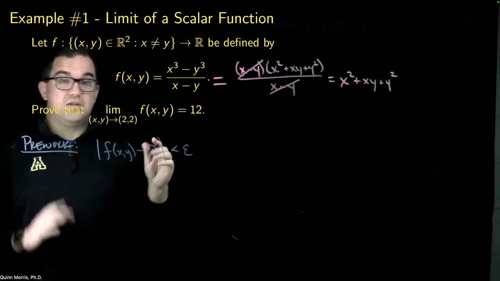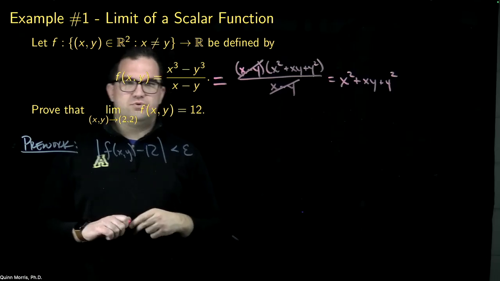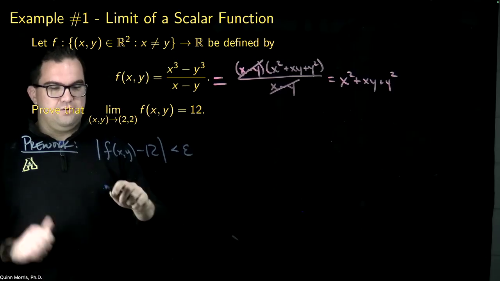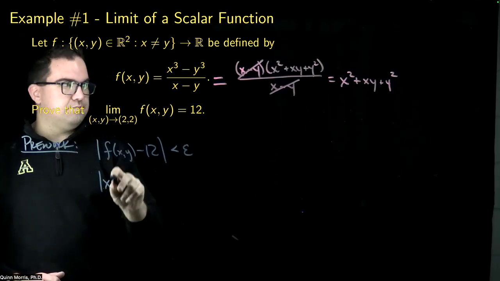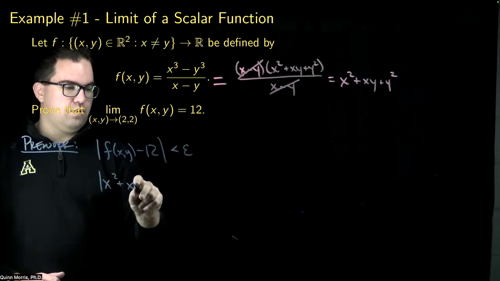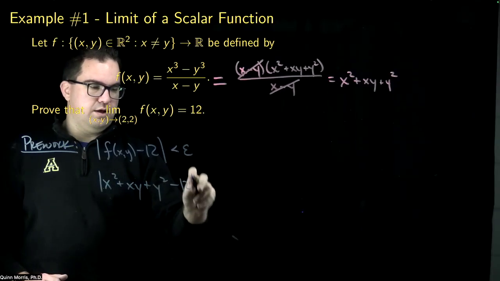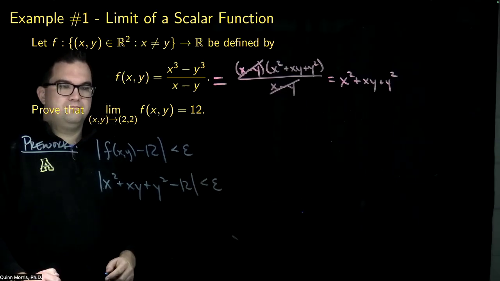So that's not a proof by any means, but it does make you feel like, okay, maybe I'm headed in the right direction. So in terms of expressing this here, when x and y are in the domain, this is simply x squared plus xy plus y squared, and then minus 12. I want to be able to make that less than epsilon.